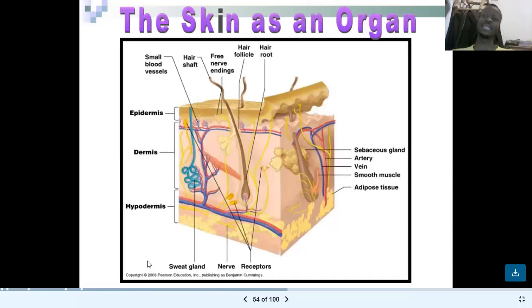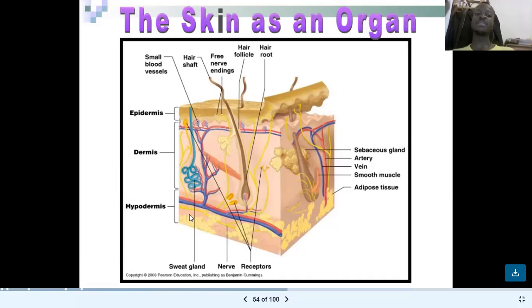So the skin is the largest organ of the body that you will learn in physiology. And you appreciate that it's going to have the epidermis, which developmentally comes from ectoderm. Then you have the dermis, which developmentally comes from mesoderm as well as neural crest cells in some regions, for example, the facial region. Then you have the hypodermis beneath those two layers of skin.